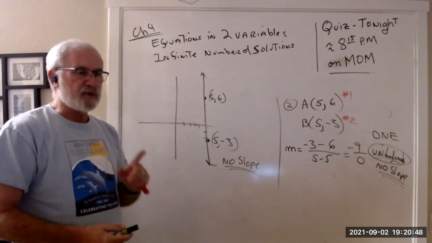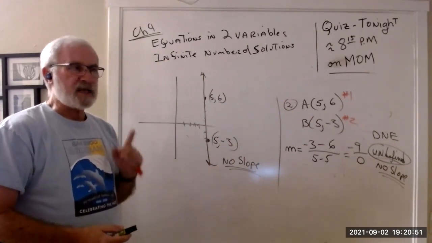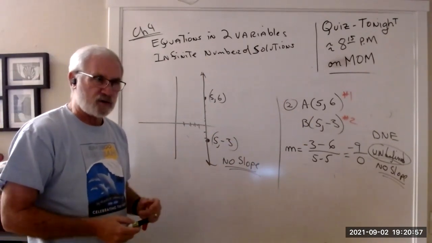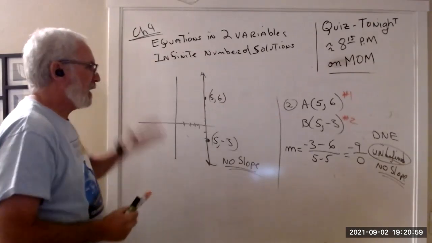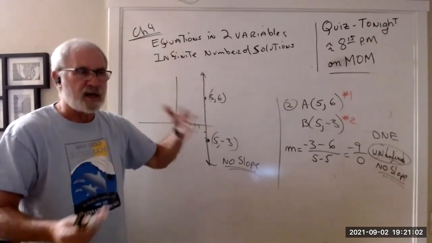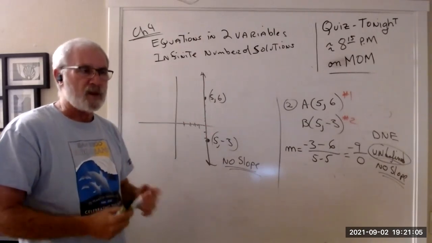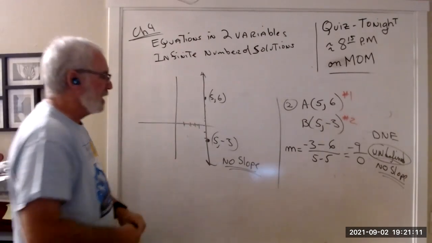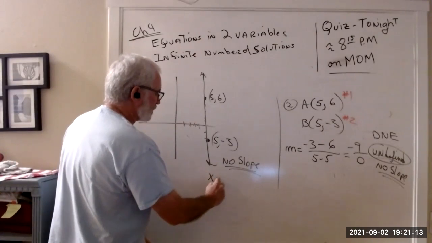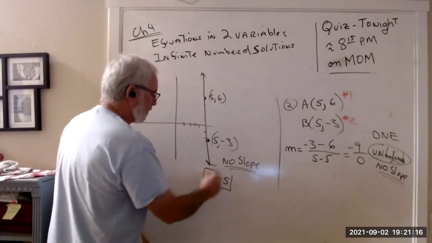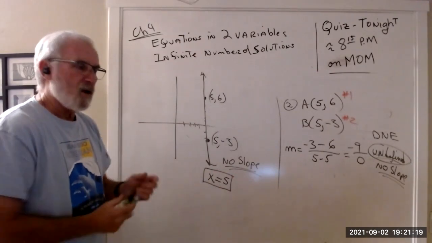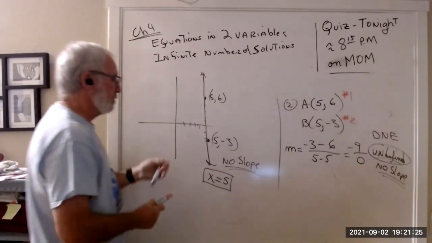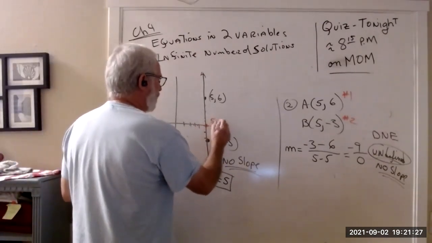But here's the catch. Every line we give you has an equation. Every single line, no matter how we draw it, has an equation somewhere. This line, you don't have to do any work at all, you can look at it. This is the line where x equals 5. Pick a point: this is 5, 0.